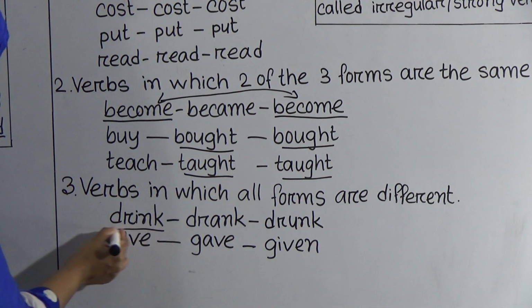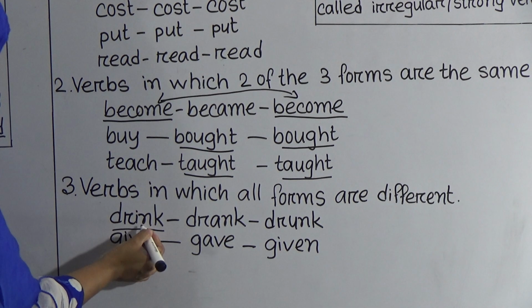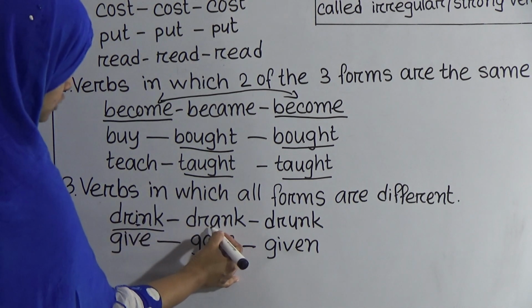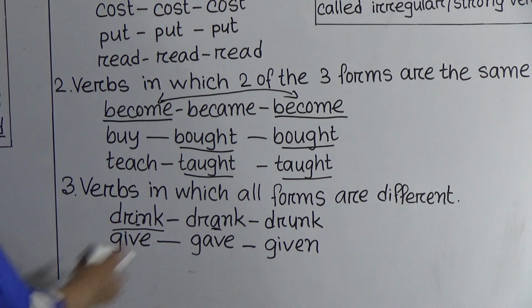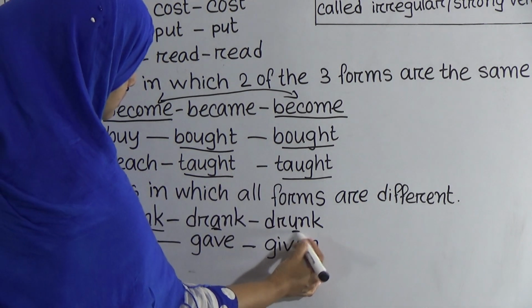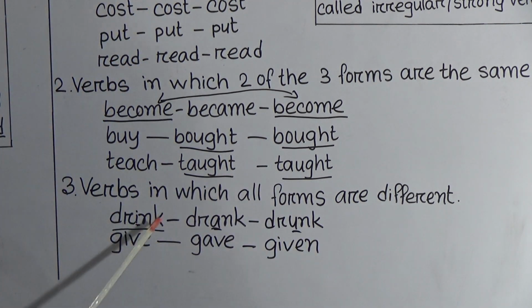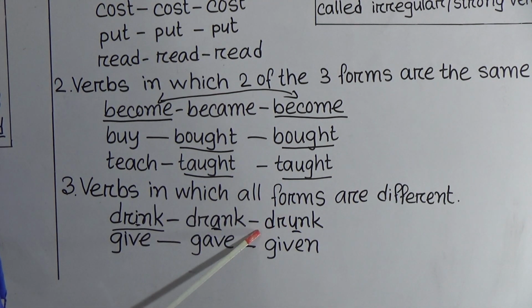The word drink, look here, I changed i to a in past form, and again it turns to u in past participle form. So base form, past form and past participle form, there is no similarity. All are different from each other. Like this, give, gave, given. This is also totally changed, and these are called irregular verbs or strong verbs.